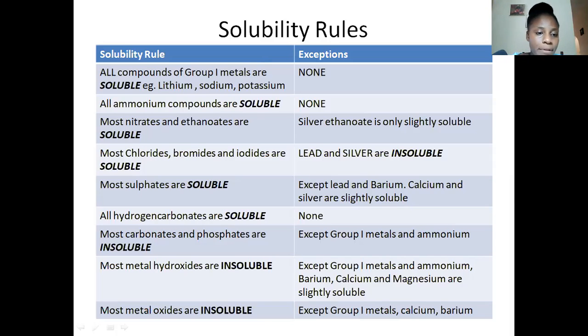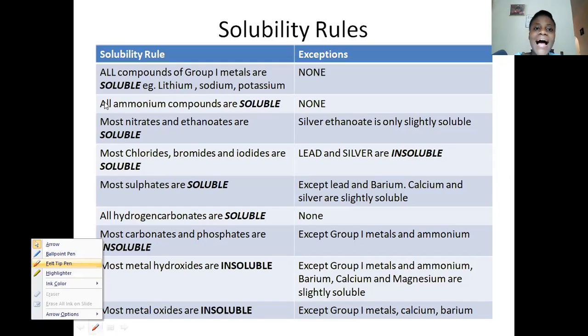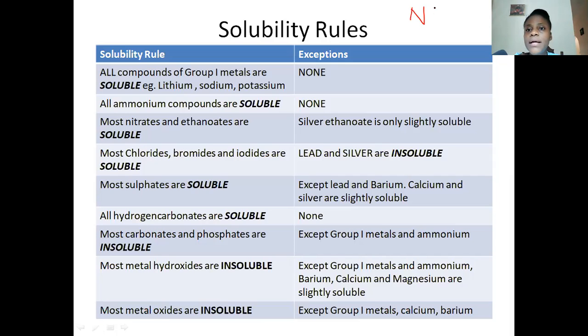So for example, let me choose something and ask you if it's soluble or insoluble, based on these rules listed here. Is sodium hydroxide soluble or insoluble? Soluble.